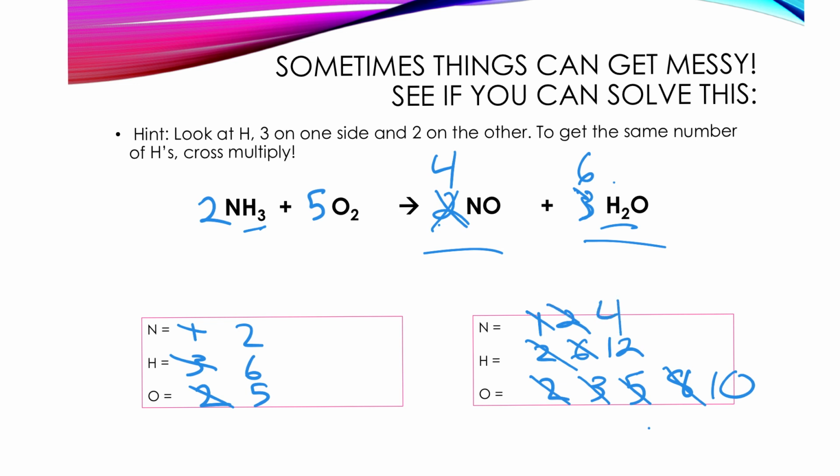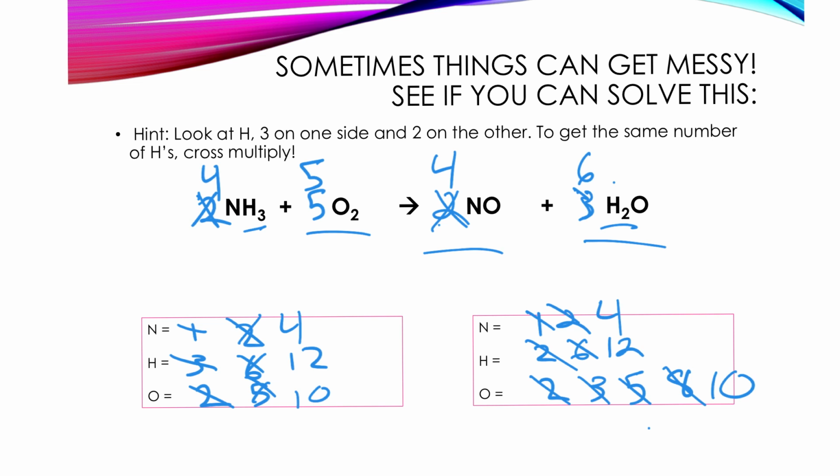Well, if we put a 4 over here, our nitrogens are a 4, our hydrogens are a 12, and our oxygens are balanced to be 10. 5 times 2. So here the coefficients are 4, 5, 4, and 6.